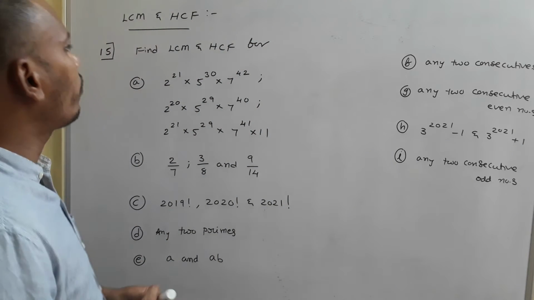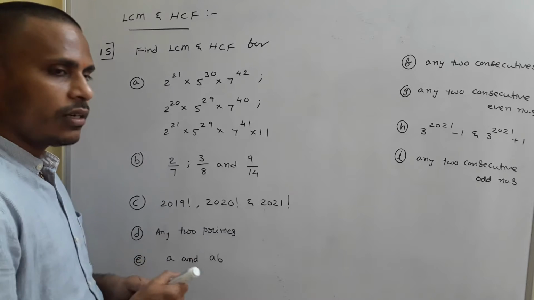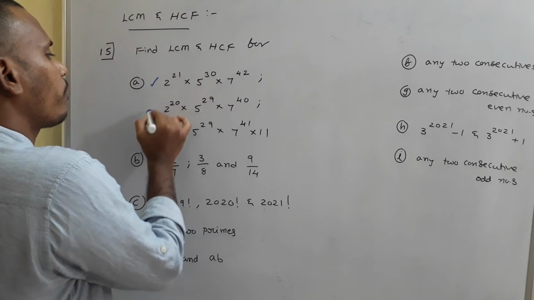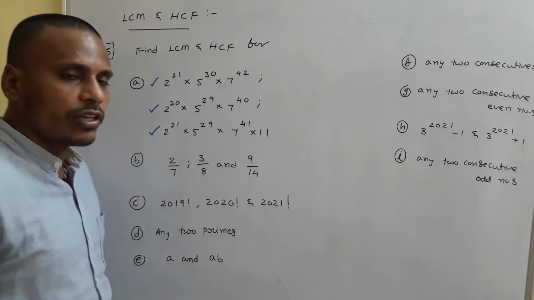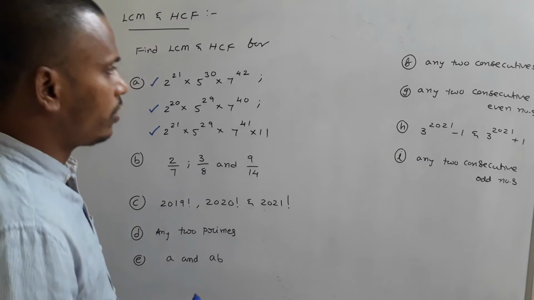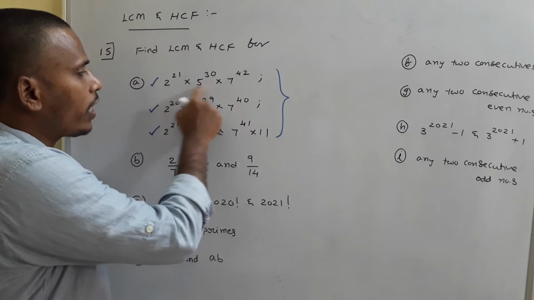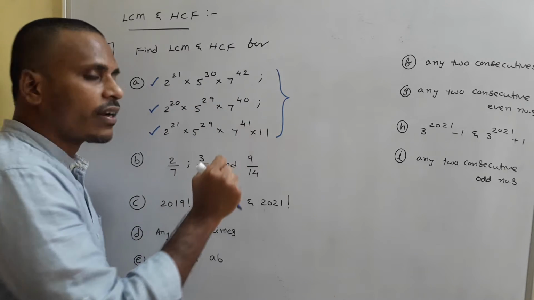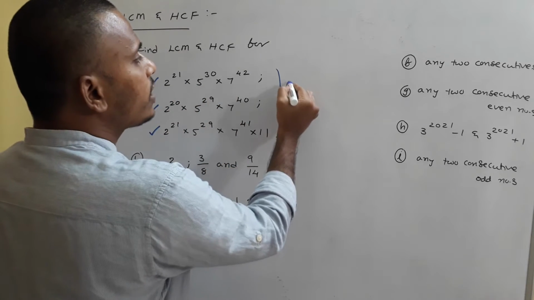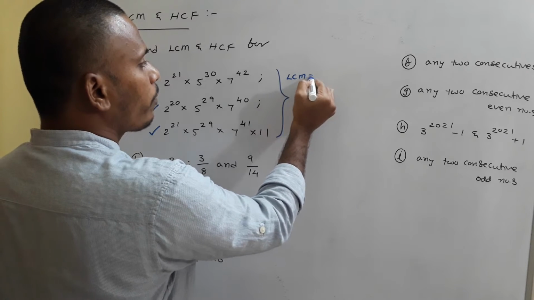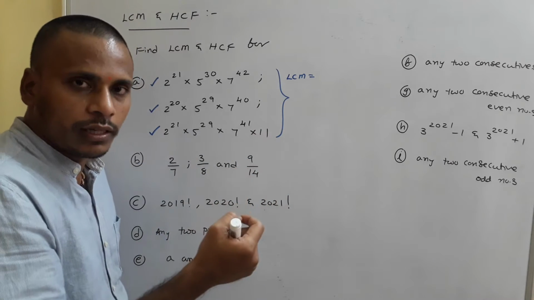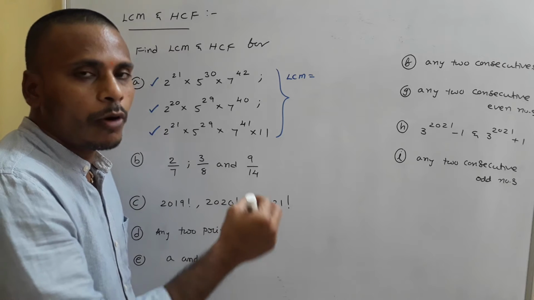For the first problem we need to find LCM and HCF for three given numbers. As I mentioned in the previous class, if a number is expressed in its prime factorization, then LCM is simply each prime number with the maximum power among these numbers.